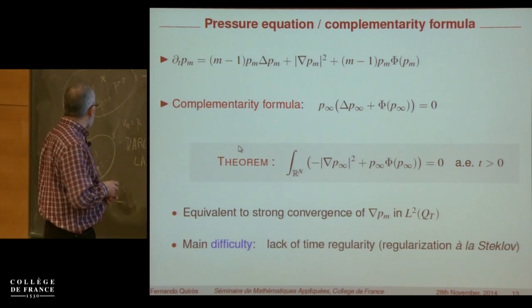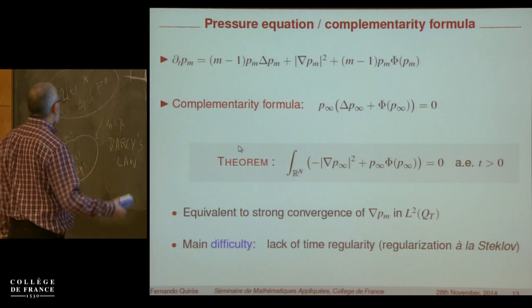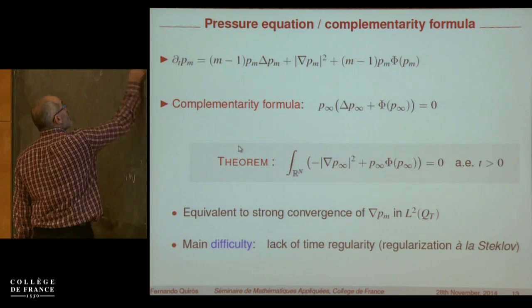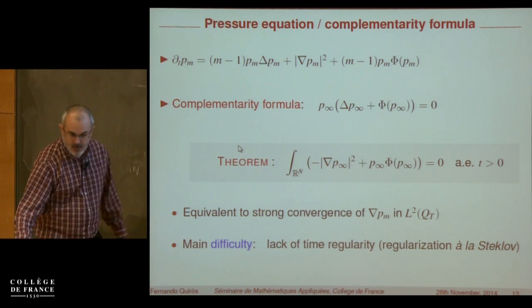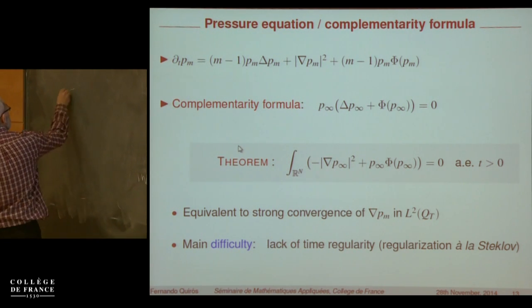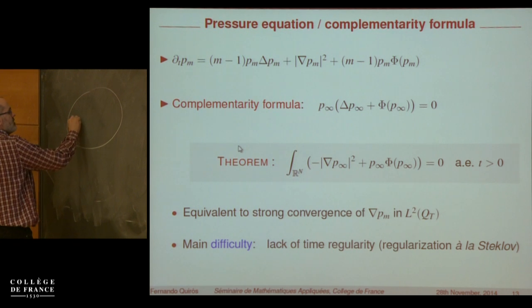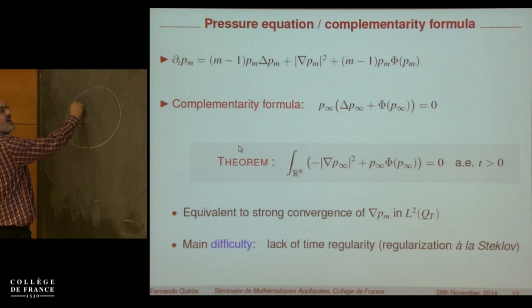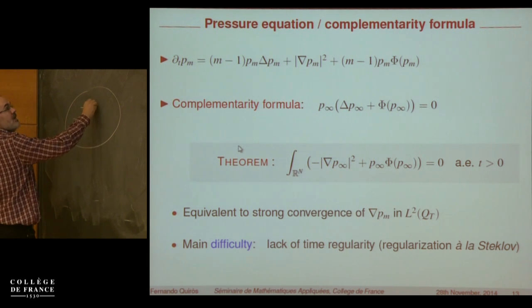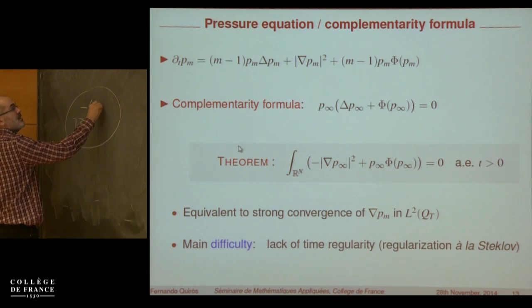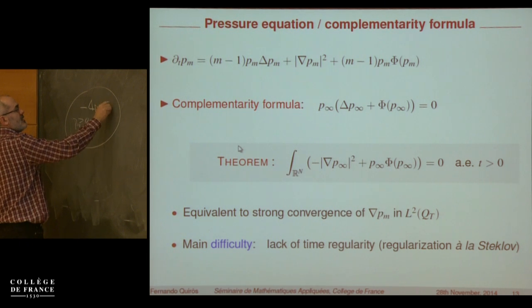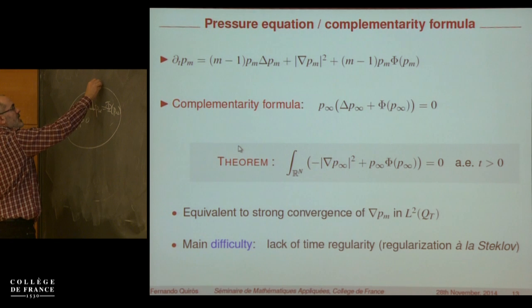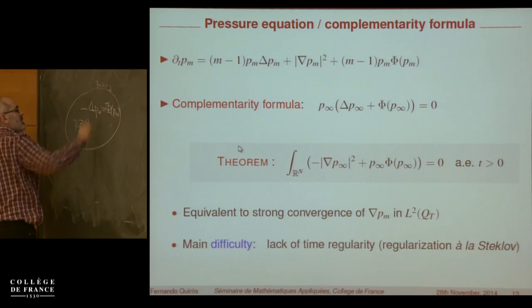So you have two regions. This is the region where p is positive, and in this region what you have is an elliptic equation, this one, which has a natural solution as well. And here you expect to have p equals 0.